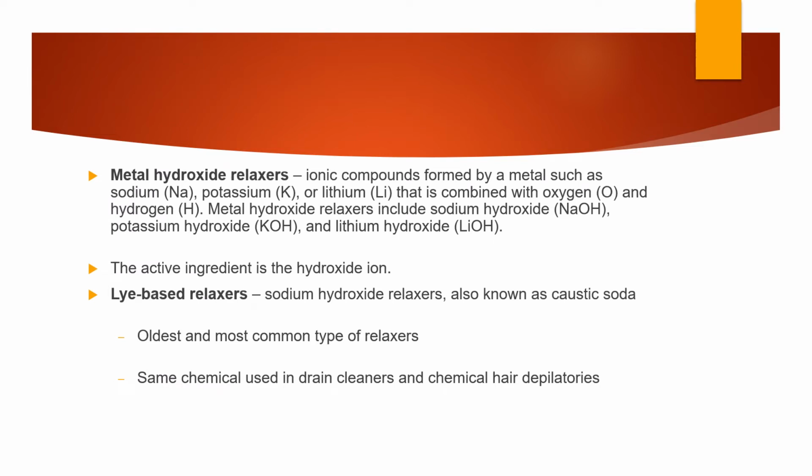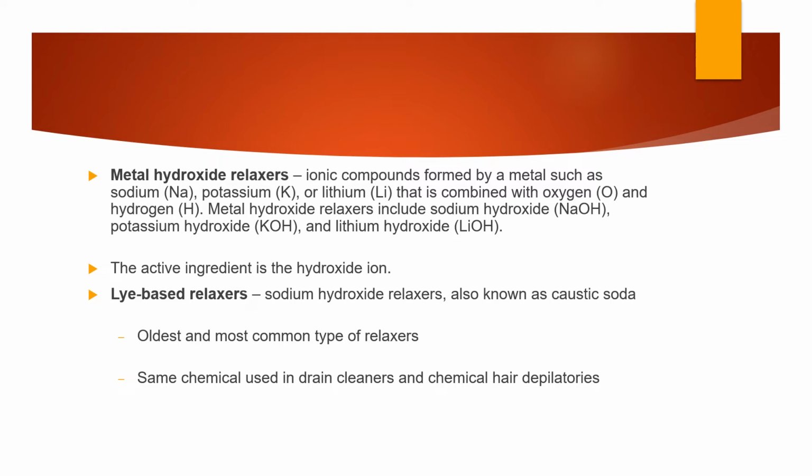Metal hydroxide relaxers are ionic compounds formed by a metal, either sodium, potassium, or lithium, which is combined with oxygen and hydrogen. Metal hydroxide relaxers include sodium hydroxide, potassium hydroxide, and lithium hydroxide. The hydroxide ion is the active ingredient in all hydroxide relaxers.